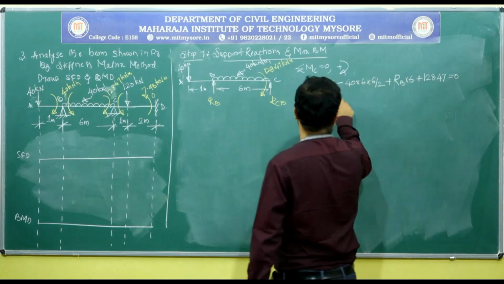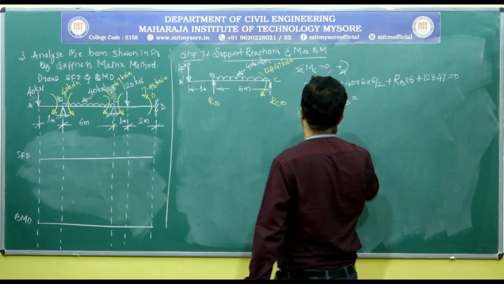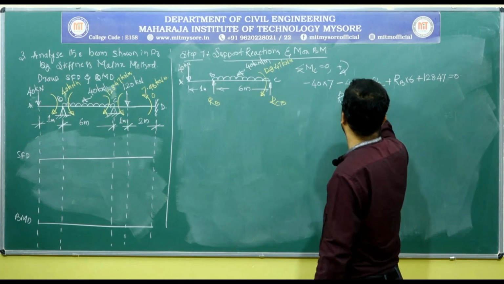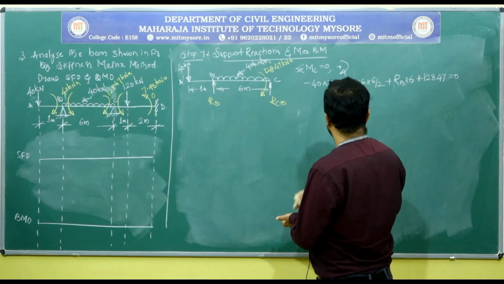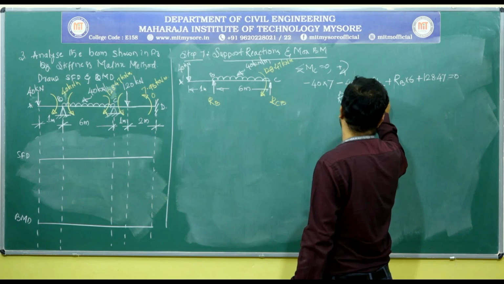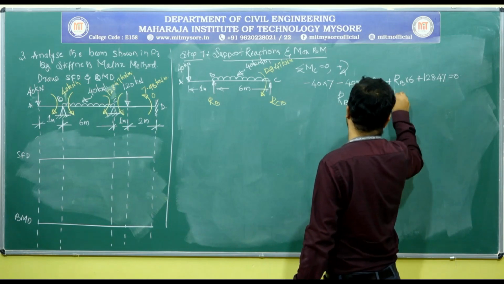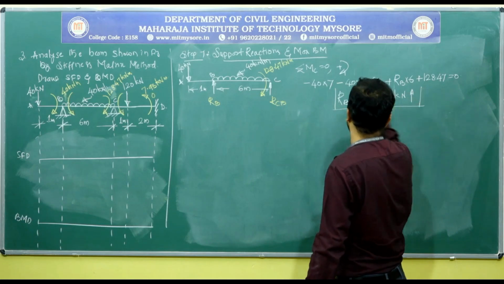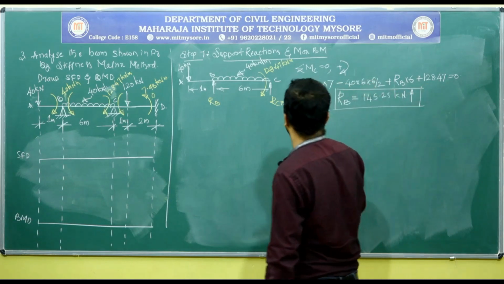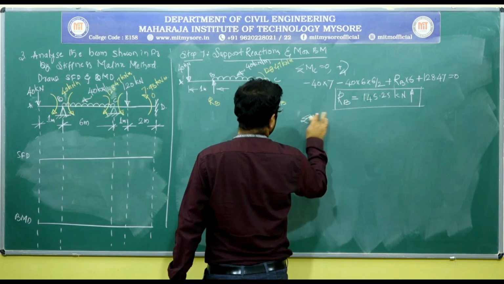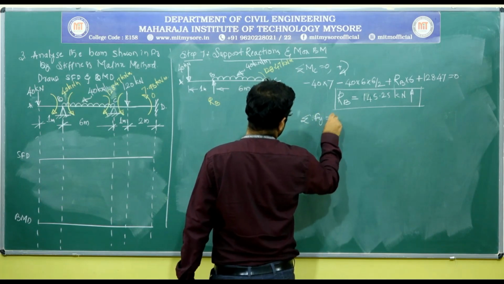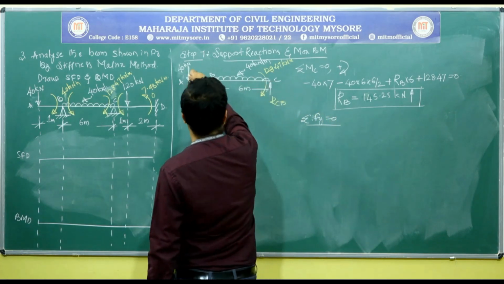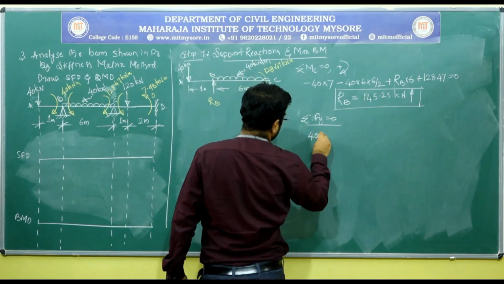Now from this we will get RB as 145.25 kilonewton acting vertically upwards, right? And if I impose the other equilibrium condition, that is sum of Fy equals 0, then these two forces are acting vertically downwards.